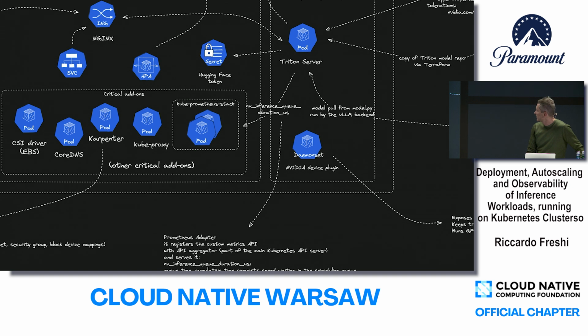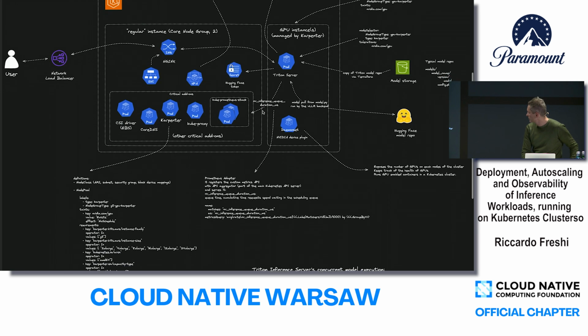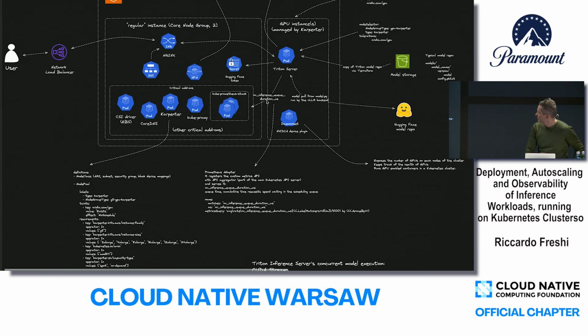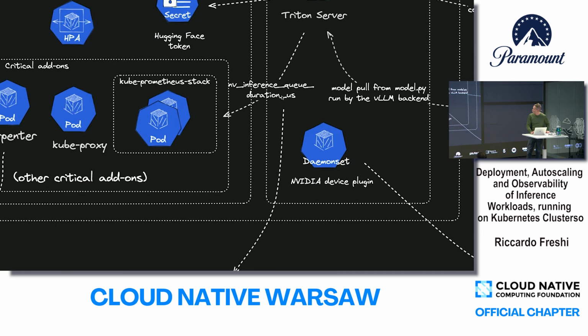First of all, this is the time that the requests spend on the queue. So the queue, if you remember, is here. It's by model and backend. So this represents the inference time that is spent by requests on queue.